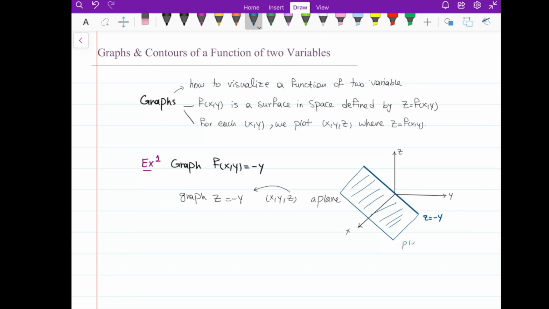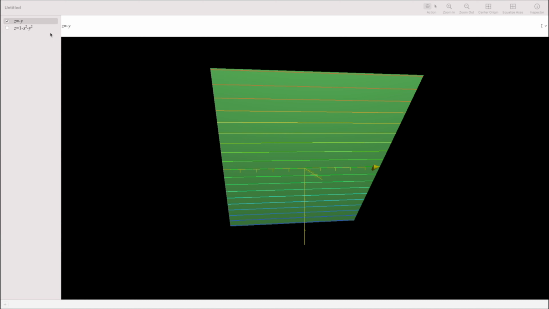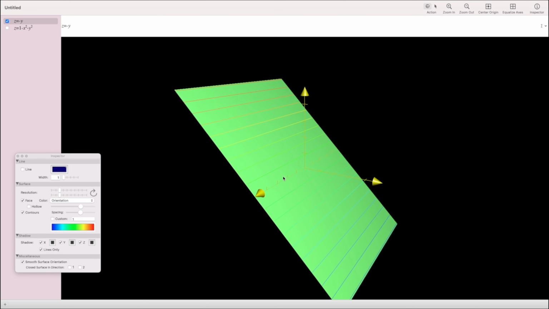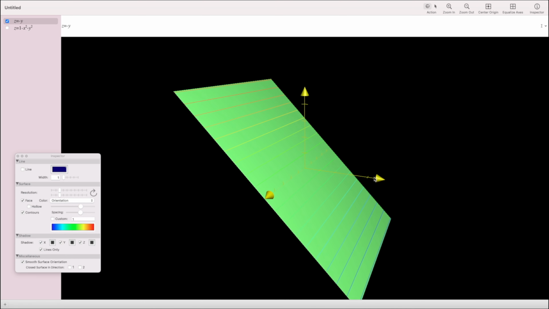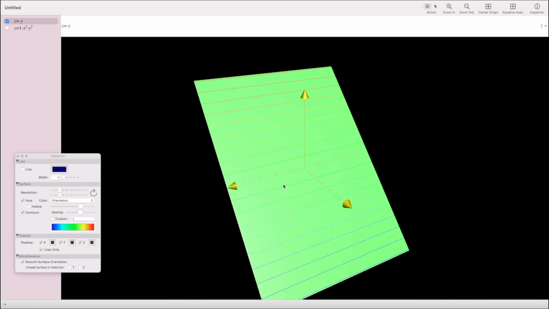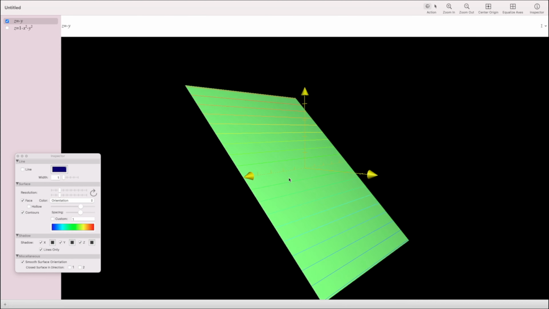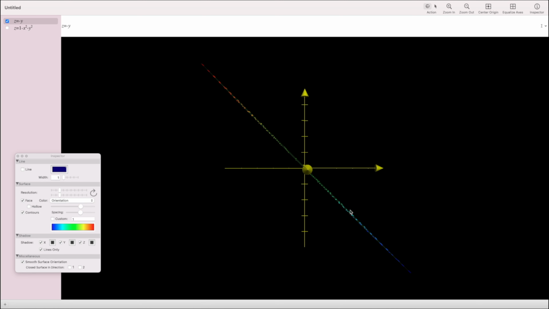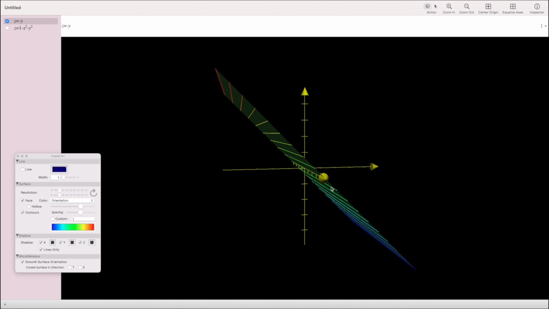Yeah, it's a plane. Okay, let me show it to you in here. You see, this is z equals negative y, and this axis in here is x-axis, this is y-axis, and then this is z-axis, and this is z equals negative y, as you see. If we are in yz plane, it would be just the line, but now I have it like this.